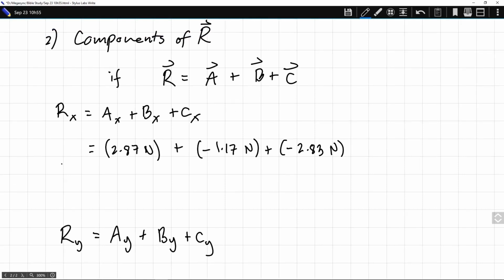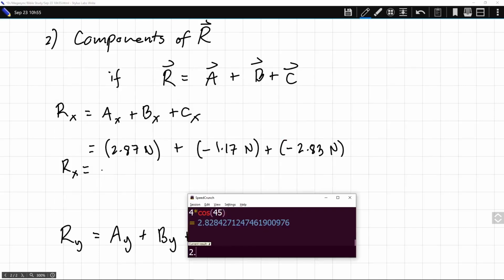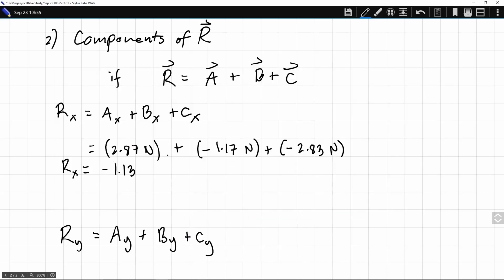Okay, so using our calculator, we can now solve for the x component of our resultant, r sub x. So we got negative 1.13. The unit is in newtons because all of our vectors are in newtons. So that is r sub x.